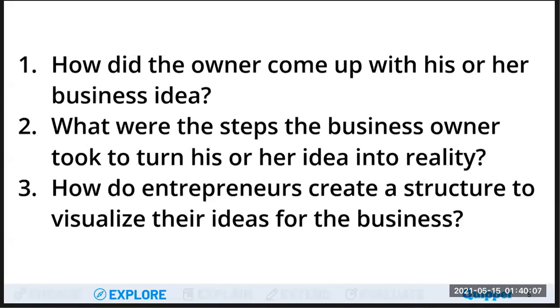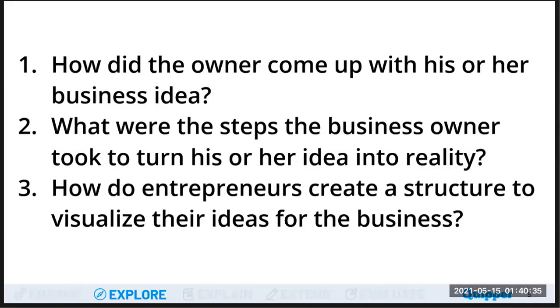Siguro unang step is mag-research tayo. Then siguro magkaroon tayo ng courage na i-put talaga siya into reality. Siguro yung unang step din is yung tamang mindset.